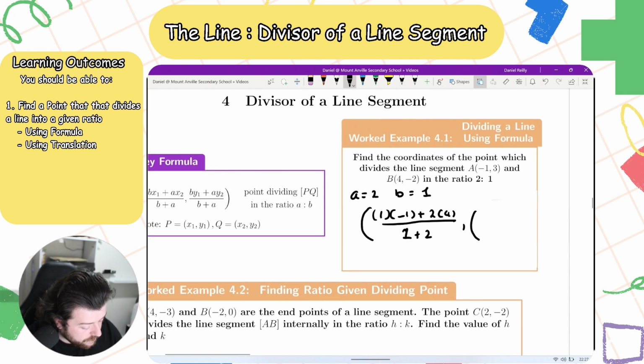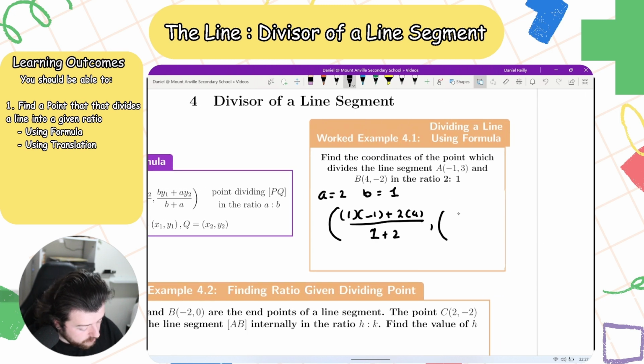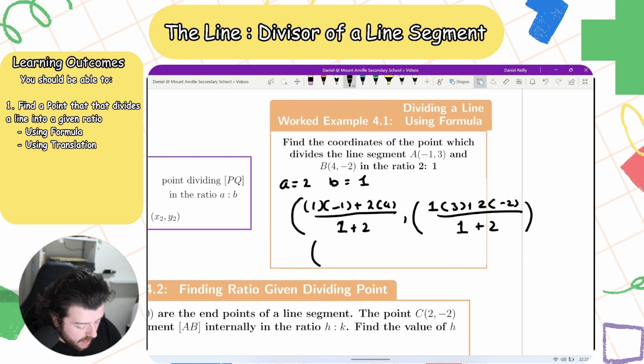Then over here, B times y1. So 1 times y1, which is 3, plus A times y2, all over B plus A. And then if we simplify this down, I'm going to get -1 plus 8, which is 7.